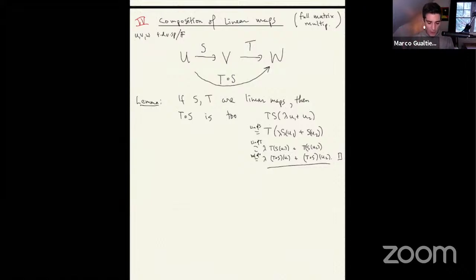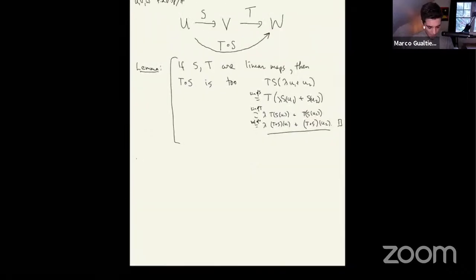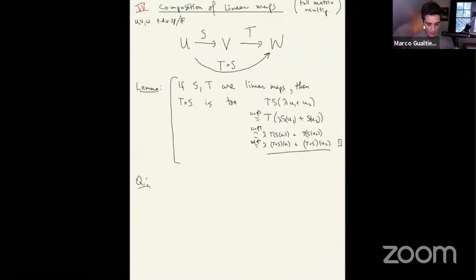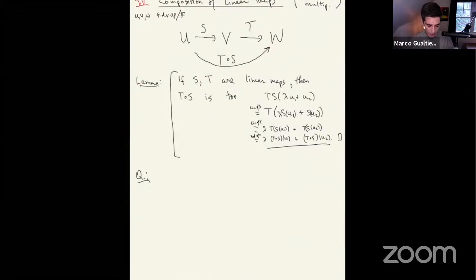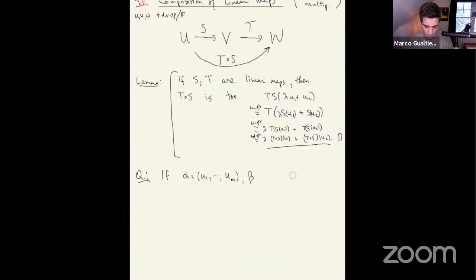Okay, so as soon as we have this knowledge, there's an obvious question. The main question that I'm going to answer right now is: let's say alpha, beta and gamma, remember what beta was.